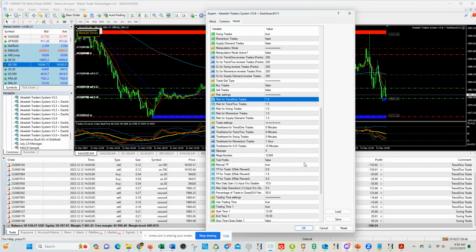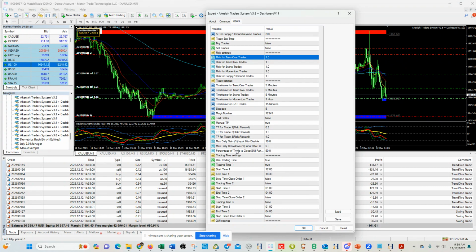Down here a little further is our risk max drawdown. The max drawdown we can have in any day is 5%. The system automatically detects that from the time we start until the time we finish trading within a day. If we get into a loss situation where we've lost several trades in a row, it keeps track and makes sure we don't lose more than 5% of this account in any day.